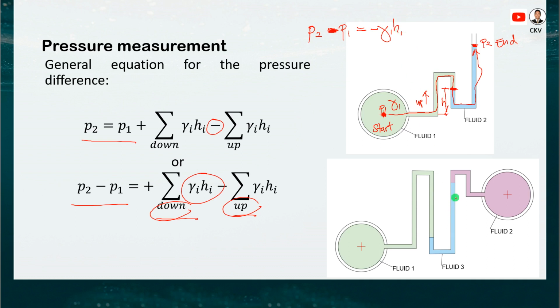Next, fluid number 2, color blue. Color blue starts here and ends there. Okay, measure its difference in elevation. That's your pressure head H2. It has a unit weight gamma 2.